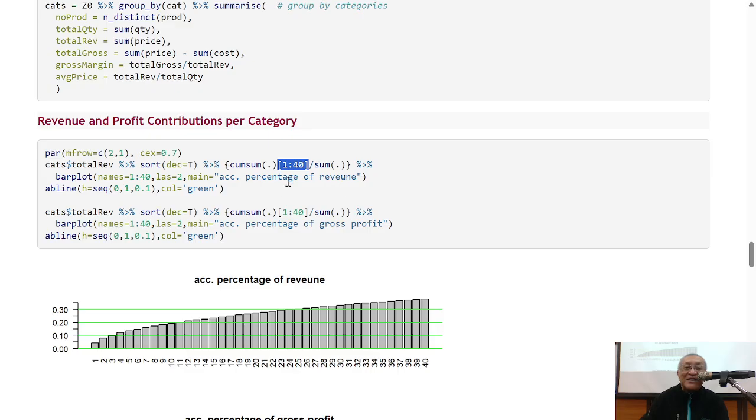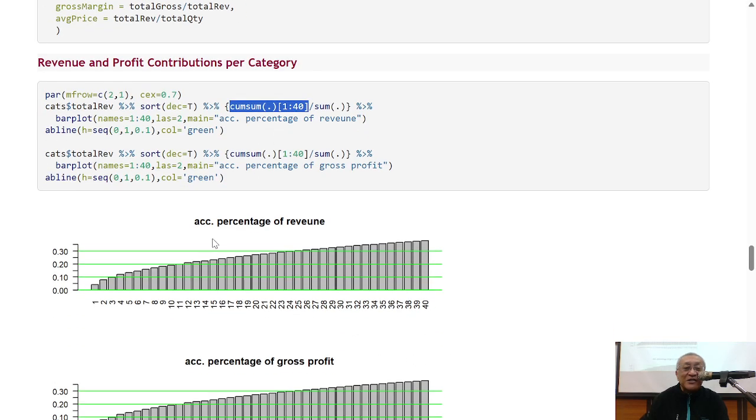And then I do a cumsum as the numerator and use the sum of the vector as the denominator, right? Okay, and in this way, I can generate the bar plot like this. This is the accumulated percentage of revenue, right?